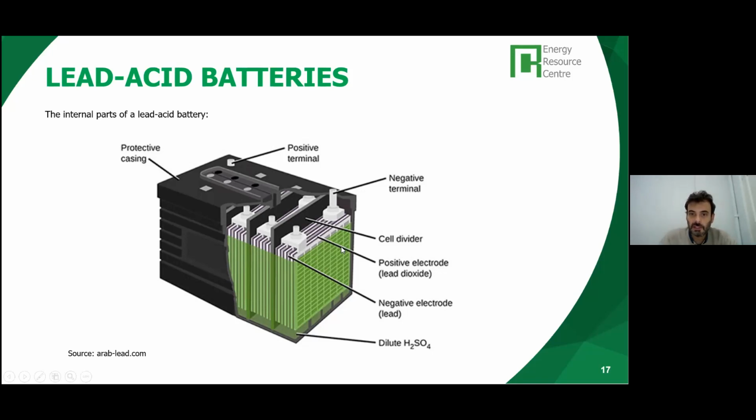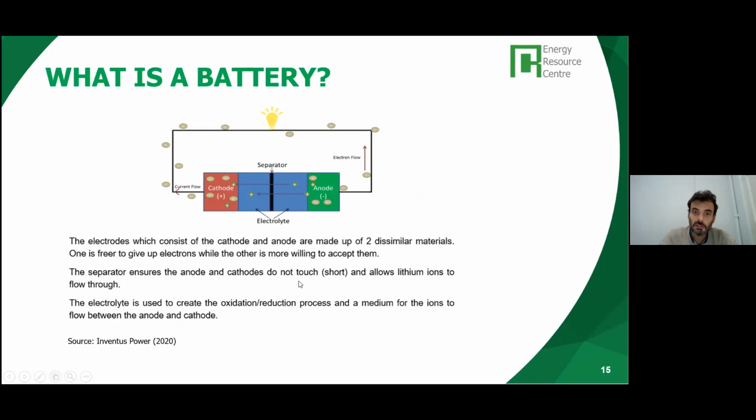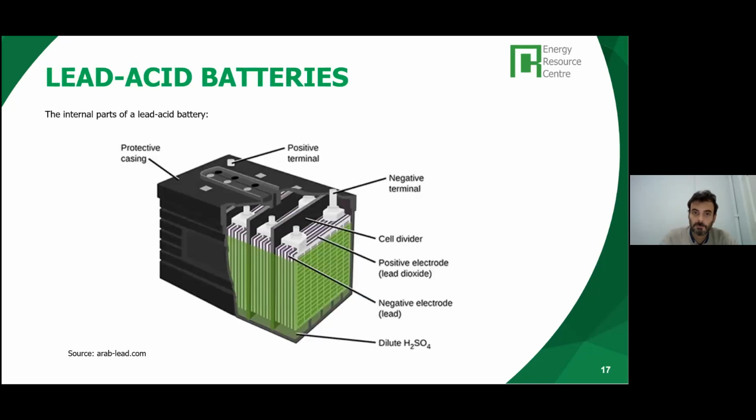Each cell is composed of different plates, the electrodes, and the whole battery is floating, or swimming, let's say, in an electrolyte solution that was introduced in this slide mentioned by engineer Antolin on Wednesday.